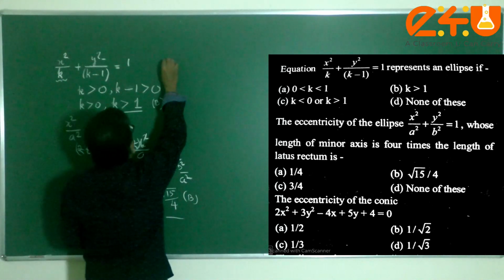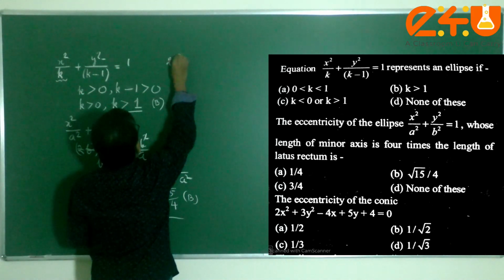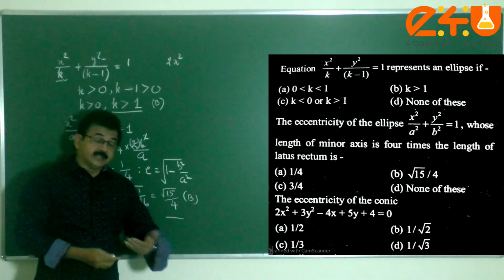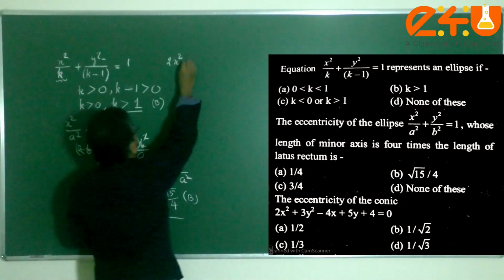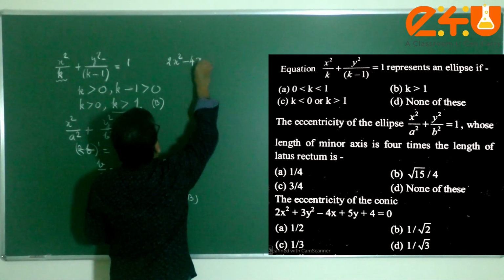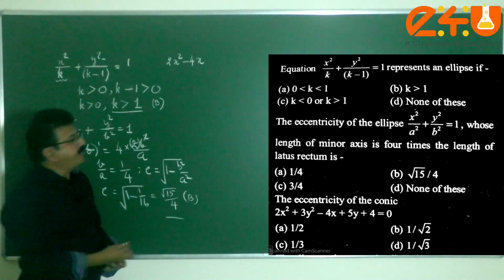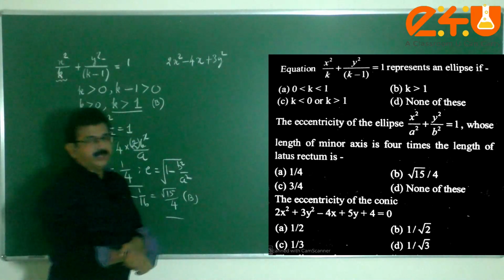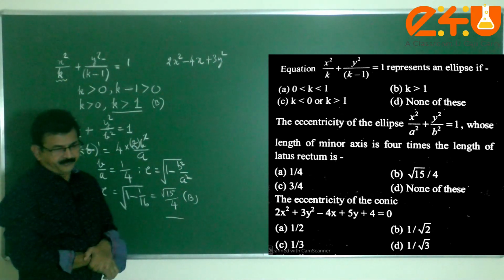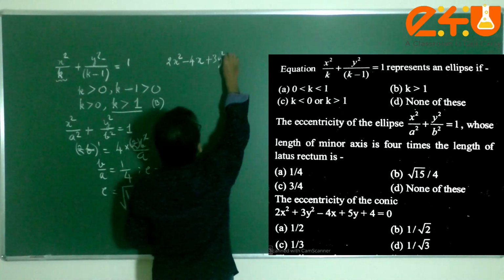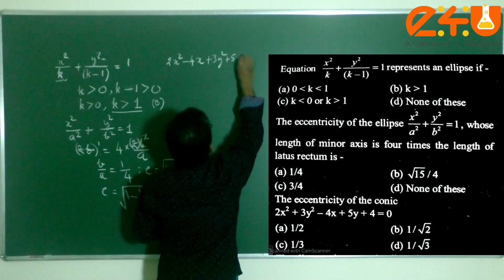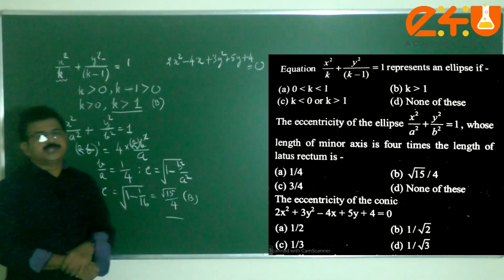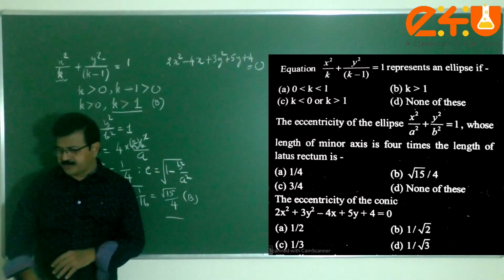Let me write the equation of the conic here, which is an ellipse: 2x square, before going on to the y square term, let me gather the x terms, minus 4x, and following that 3y square, plus 5y term, plus 4 equal to 0. So this is the equation of ellipse given.